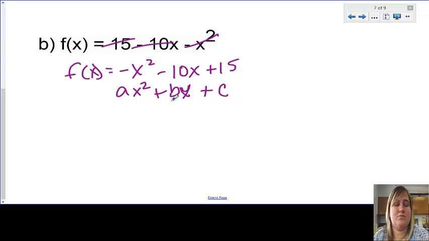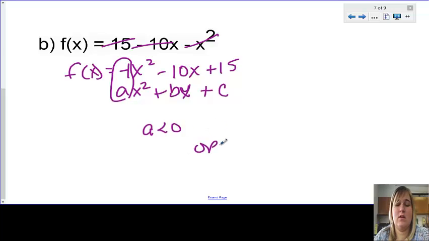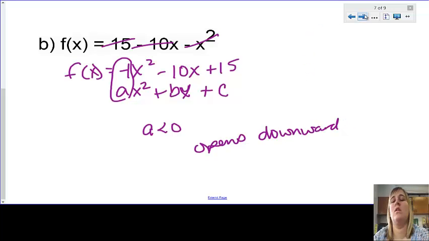And whenever I have this, my a in this case, it just looks like it's negative. Well, it's an understood -1, right? So if it's negative, where a is less than 0, that means that it opens downward. And that's my final answer.